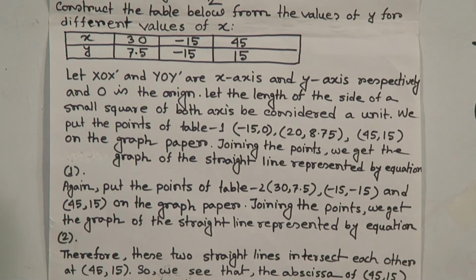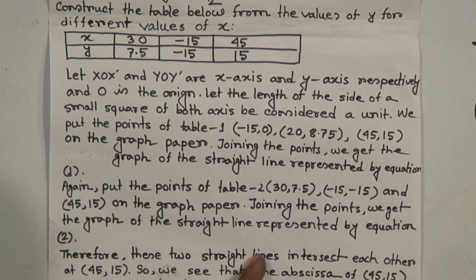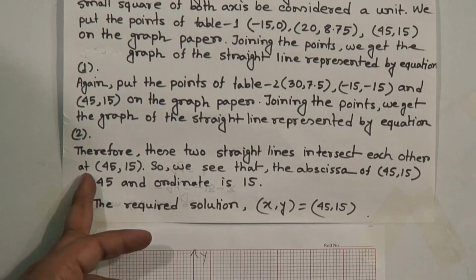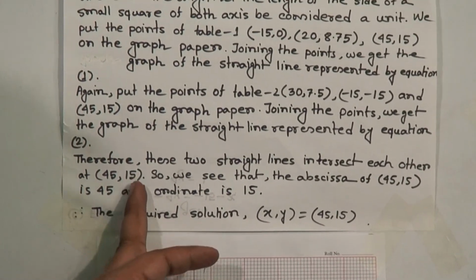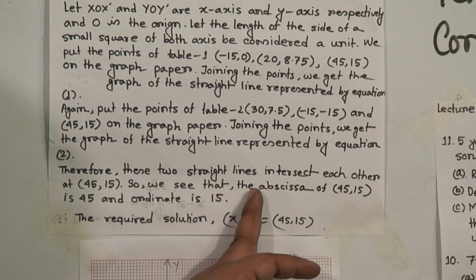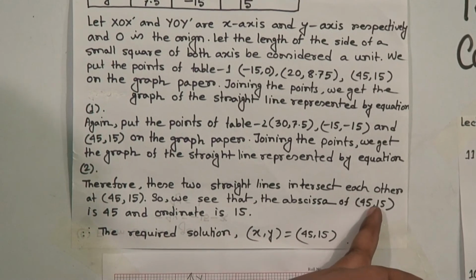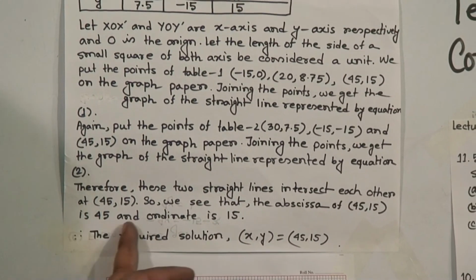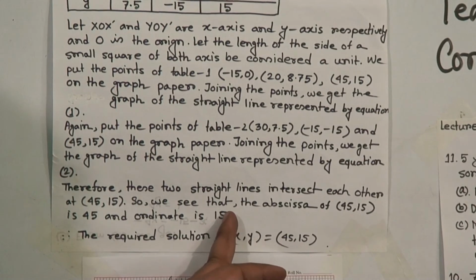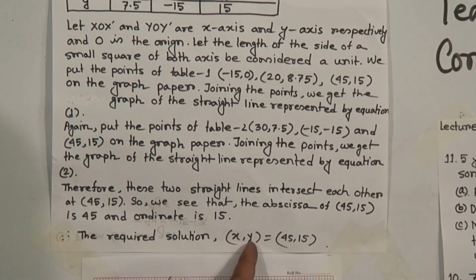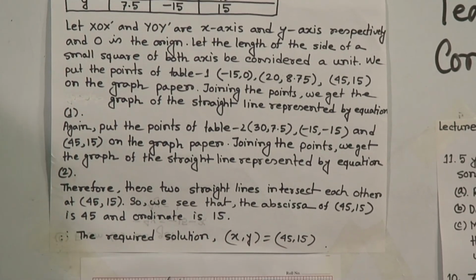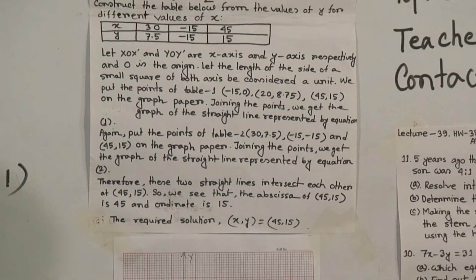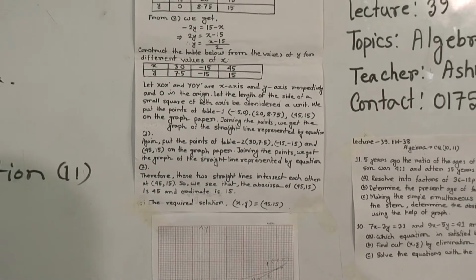After joining we get a line which is the graph of equation number 2, and these two straight lines intersect each other at the point (45, 15). We also see that the abscissa of (45, 15) is 45 and the ordinate is 15. So the required solution is (45, 15). I hope you have understood, dear student, and this is the solution of question number C.